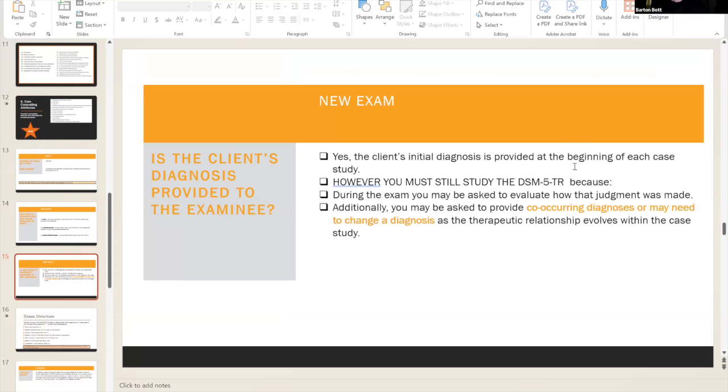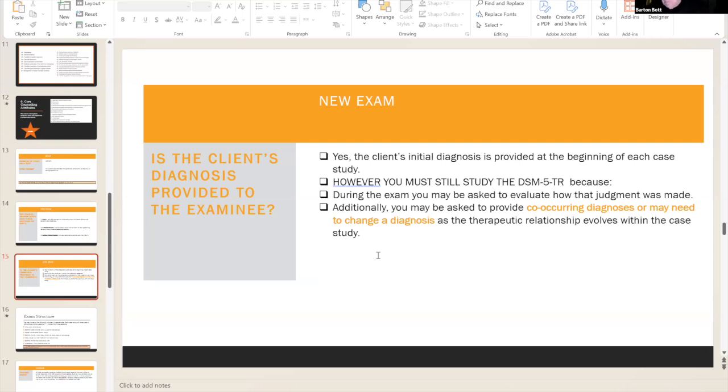Because although the diagnosis is provided, during the exam, you may be asked to evaluate how that judgment was made, and maybe sometimes with questions such as knowing what the diagnosis is, which of the following would be indicative of that diagnosis? Like, for example, antisocial personality, lack of empathy, right? Typical characteristic in antisocial. Then also, additionally, you could be asked to provide co-occurring diagnoses, or you may need to change the diagnosis.